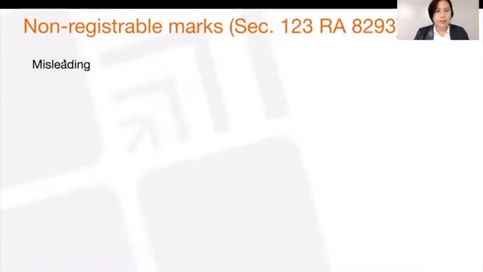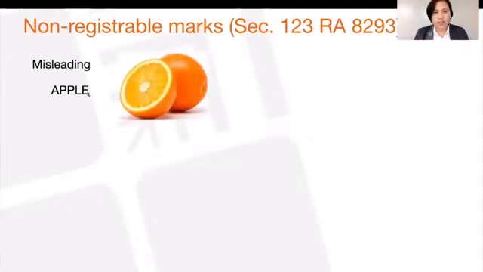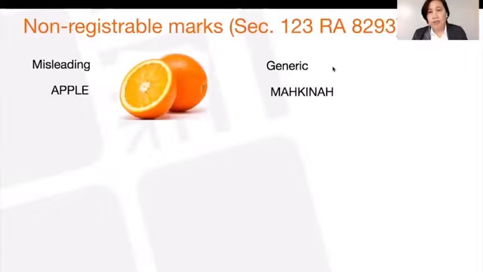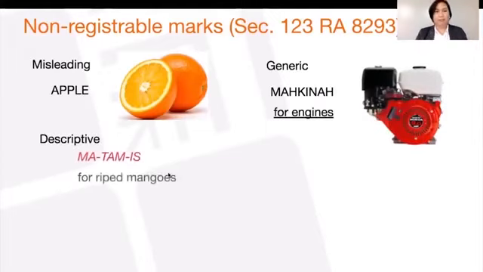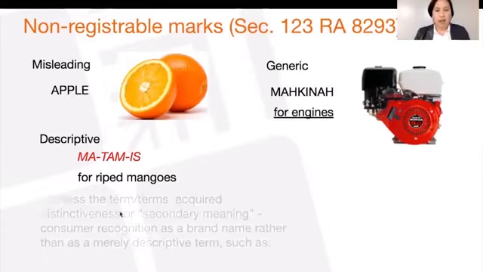Also, those that can mislead cannot be registered, such as using the mark apple for your product oranges. Okay, and generic, as mentioned a while ago, using the mark Makina for engines cannot be registered. Descriptive as well. For example, using the word matamis for ripe mangoes cannot be registered because it simply describes what ripe mangoes are.